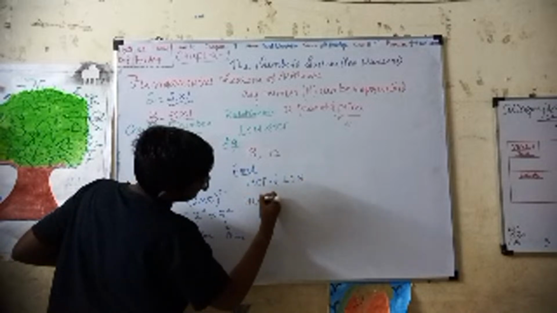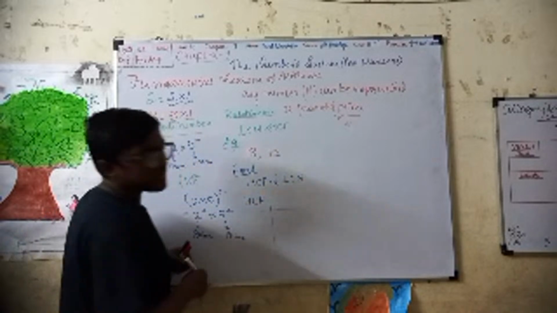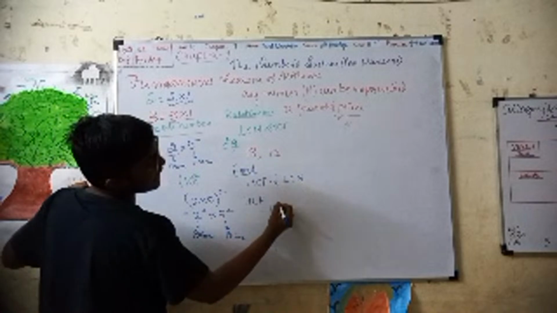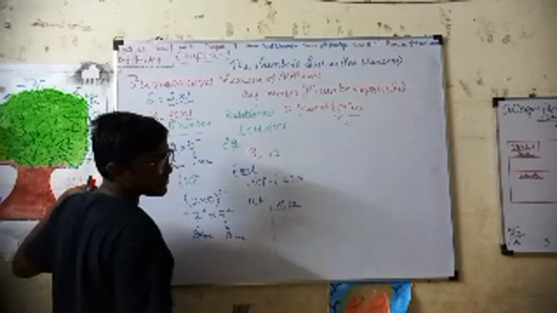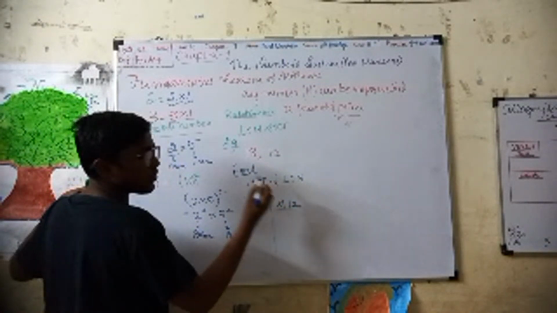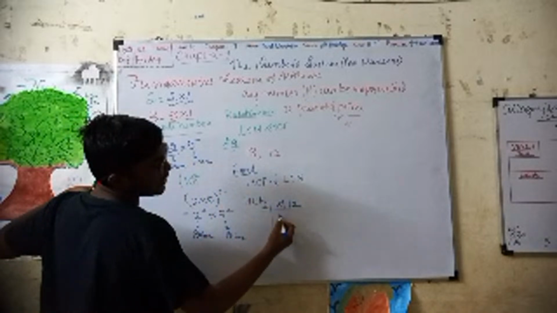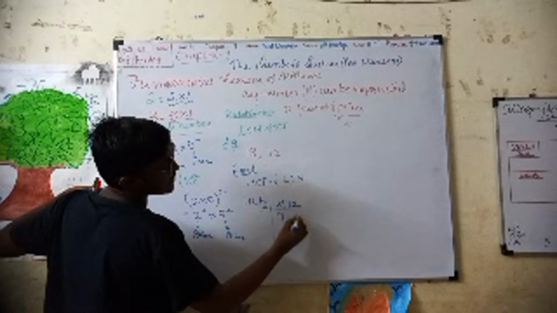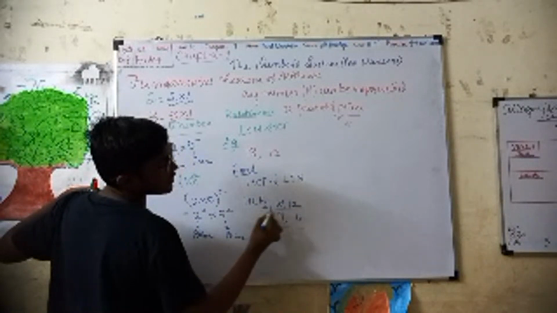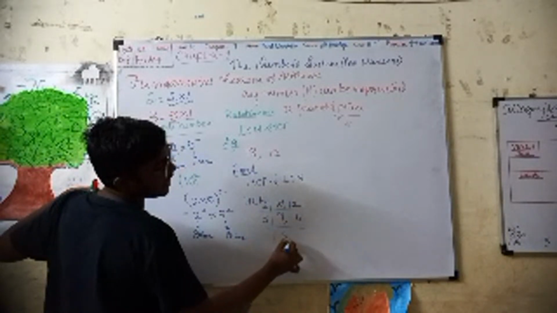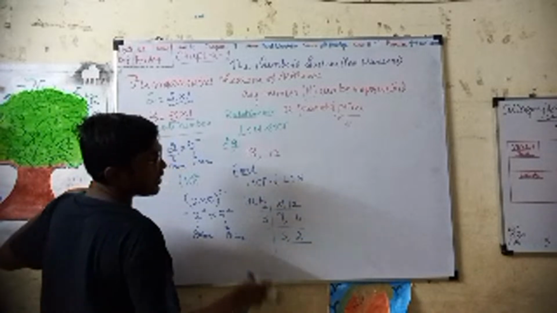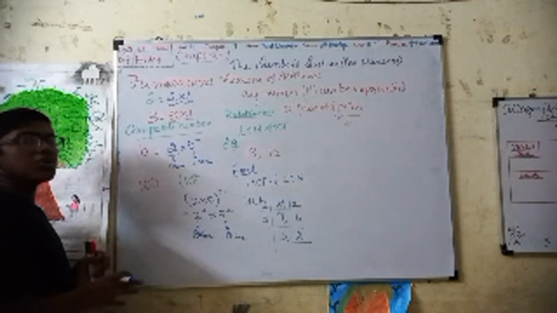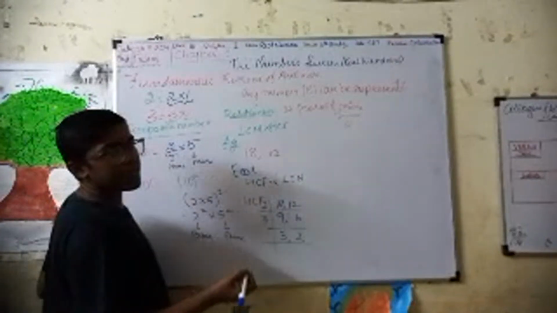So what is HCF? L division, you all know. Take 18 and 12. These two go in two tables. Then 9 and 6. 9, 6 go in 3 tables. 3 and 2. Now these two won't go in the same multiplication table.